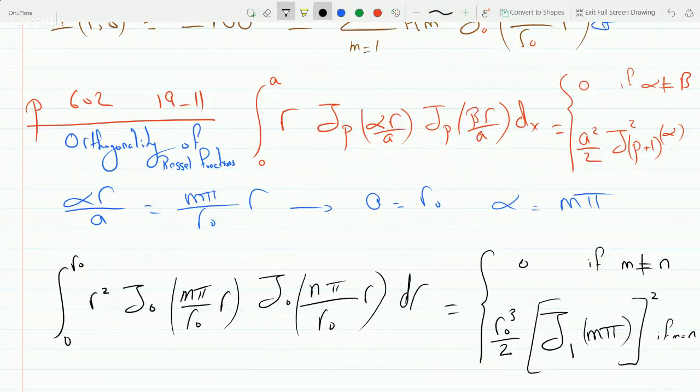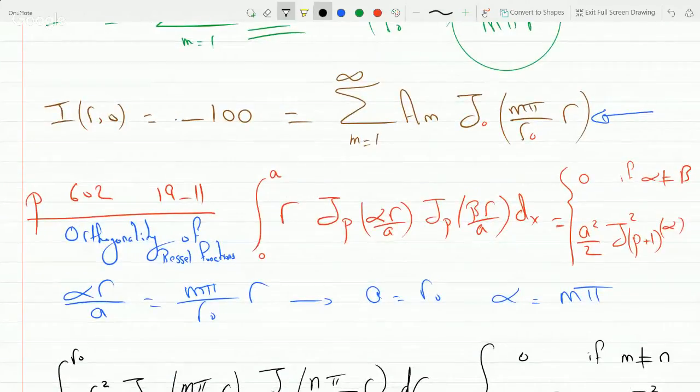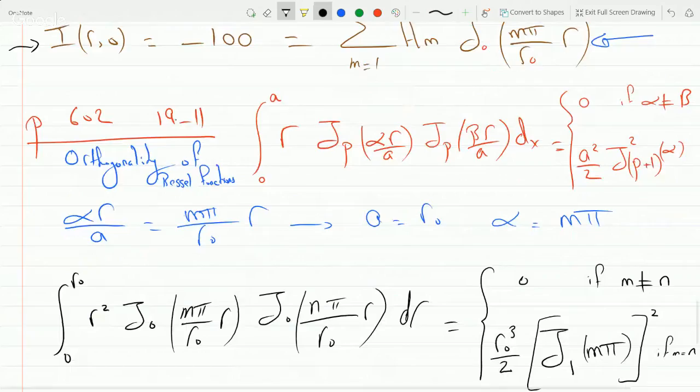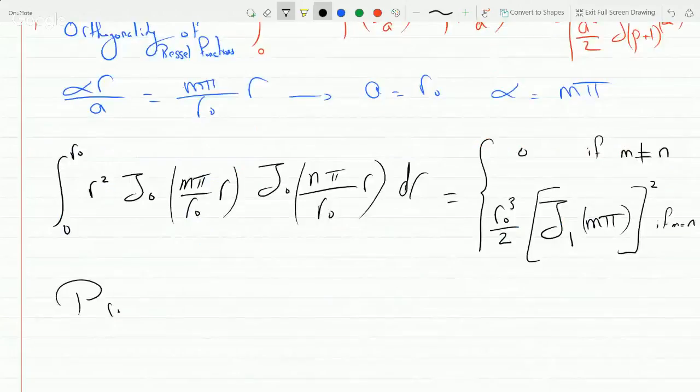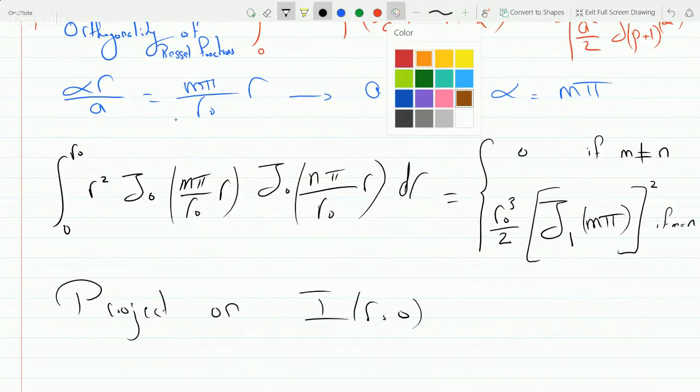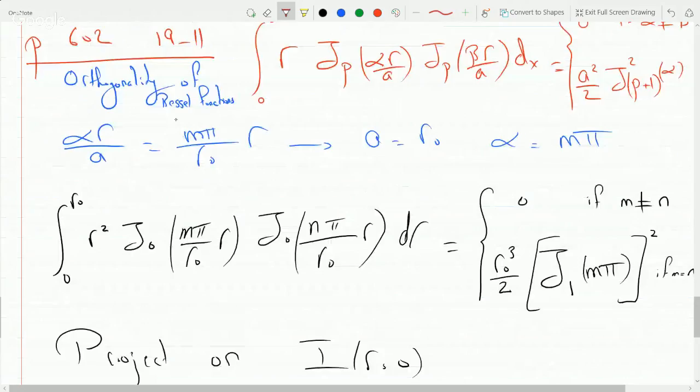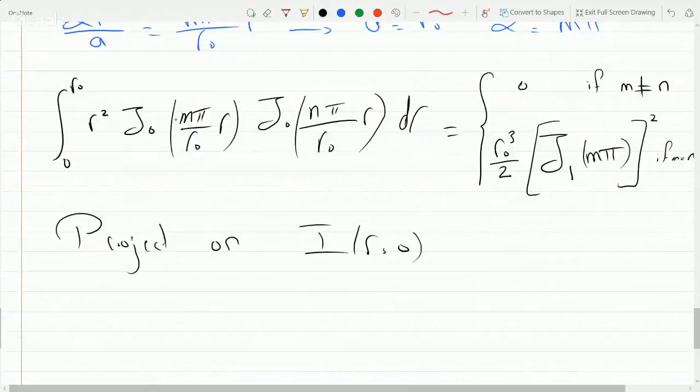Okay, and now I'm going to apply this to I r of 0, which is this equation here. So project on I r of 0. If I do that, I will get minus 100.